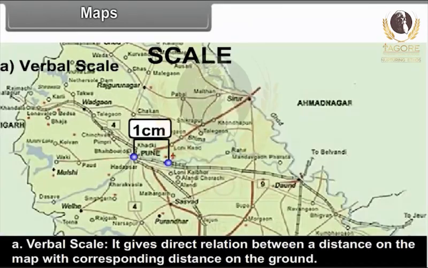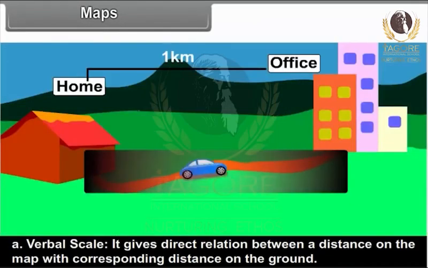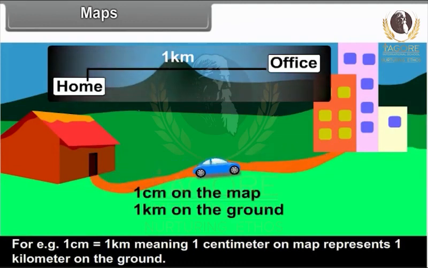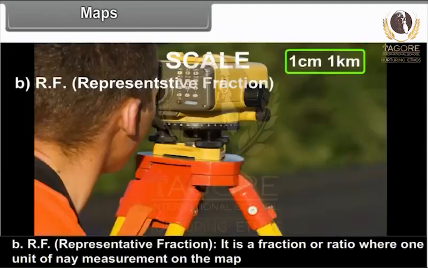A. Verbal scale. It gives a direct relation between a distance on the map and the corresponding distance on the ground. For example, 1 centimeter is equal to 1 kilometer, meaning 1 centimeter on the map represents 1 kilometer on the ground. B. RF, representative fraction.